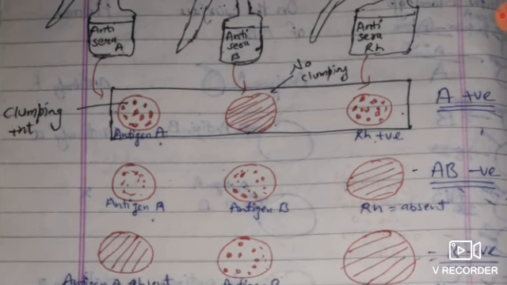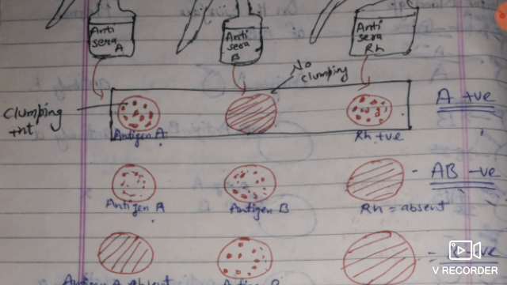These are the blood samples. If we put anti-sera A in one blood sample, anti-sera B in the second one and anti-sera Rh in the third one, and we see clumping, meaning destruction of RBCs, that will indicate the blood group of the person.